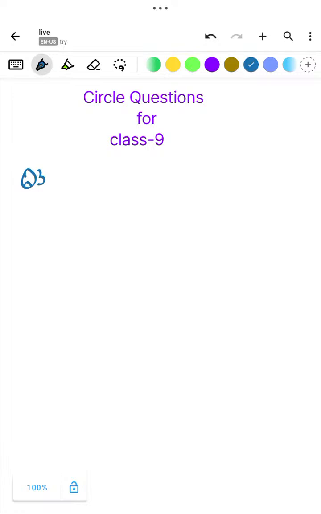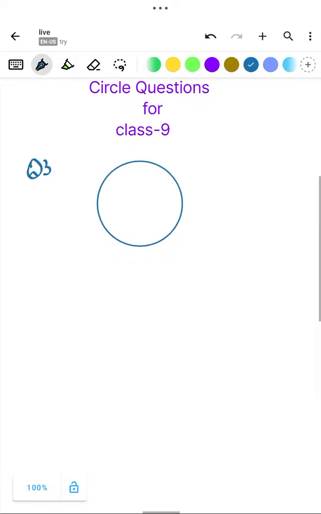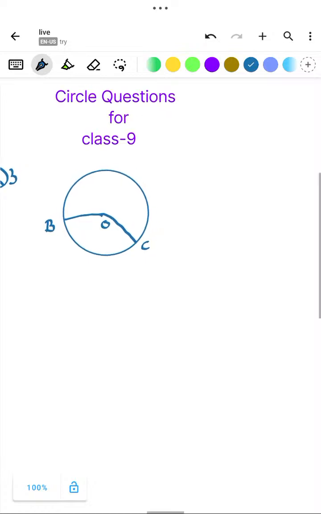Here a circle is given. So this is a circle and this is the center of the circle O. This is B, this is C, and here is a point A.